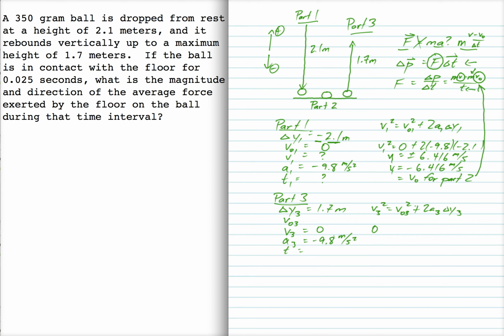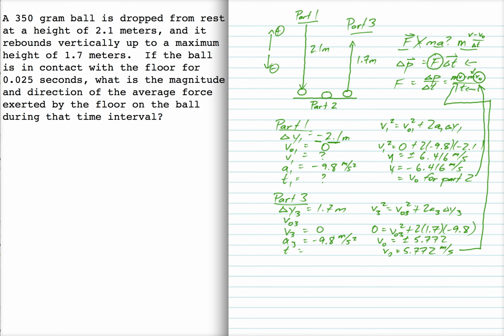I get 0 is equal to v0 3 squared plus... notice that the signs, again, are going to work out. I get v0 is plus or minus 5.772, and in this case I'm going to take the positive value because I know that v0 is directed upwards. So that v0 for part 3 is the final velocity for part 2, so I'm going to use that up here.